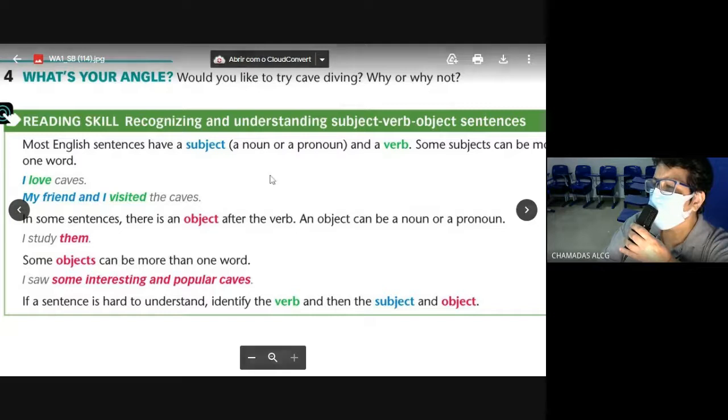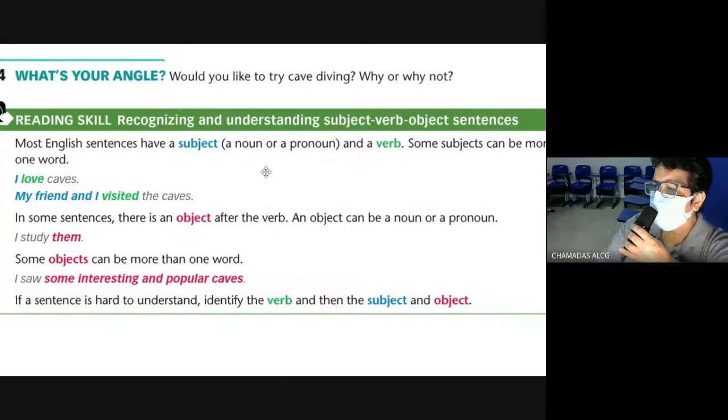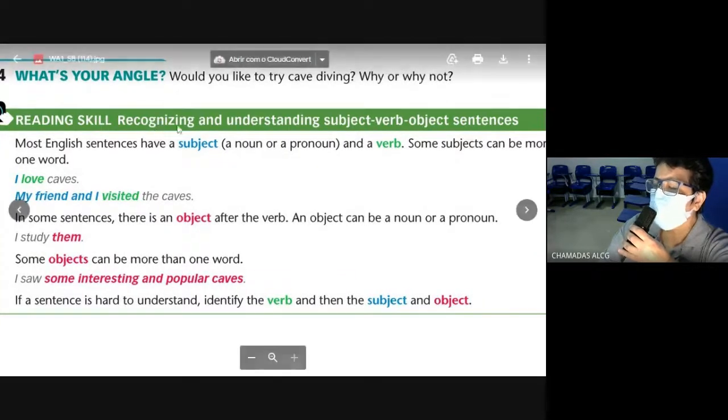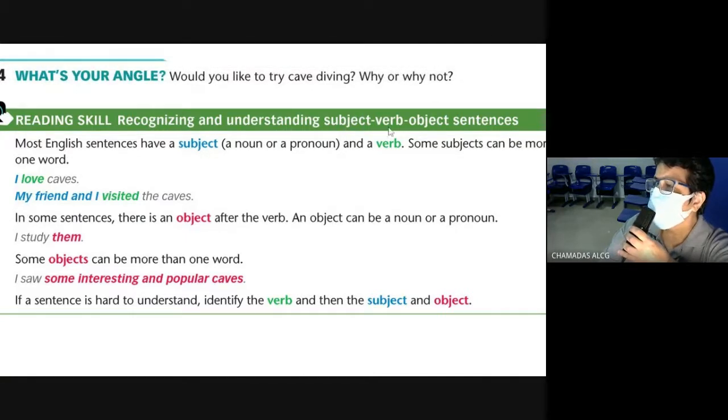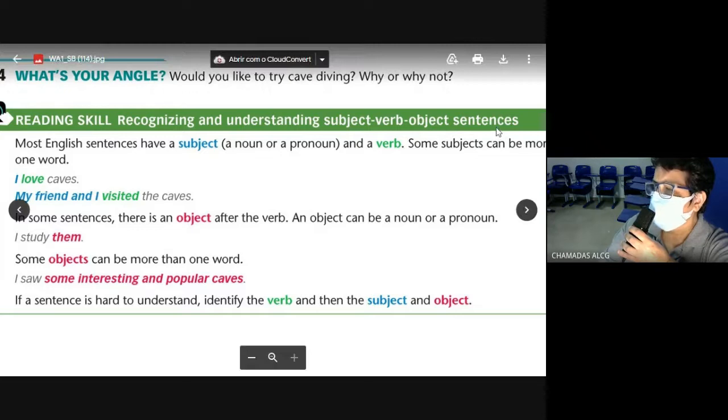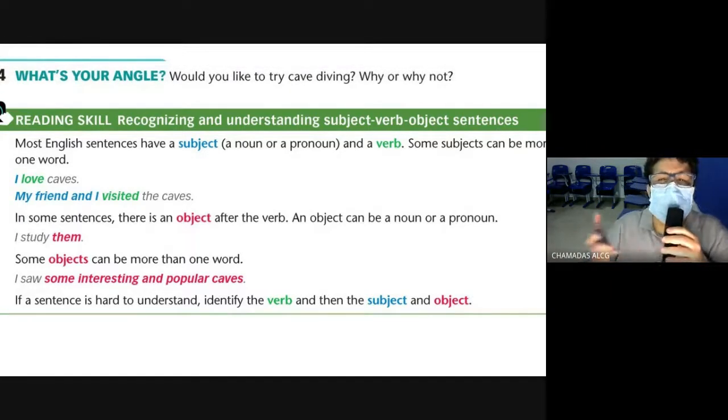So, guys, the next topic here is about recognizing and understanding subject, verb, and object sentences. This is the regular sequence of a sentence. There is a subject, there is a verb, and there is an object.